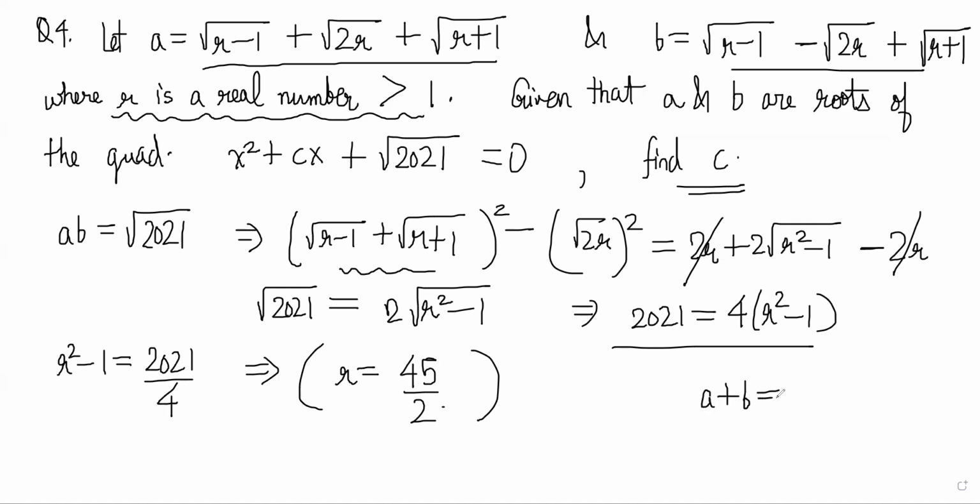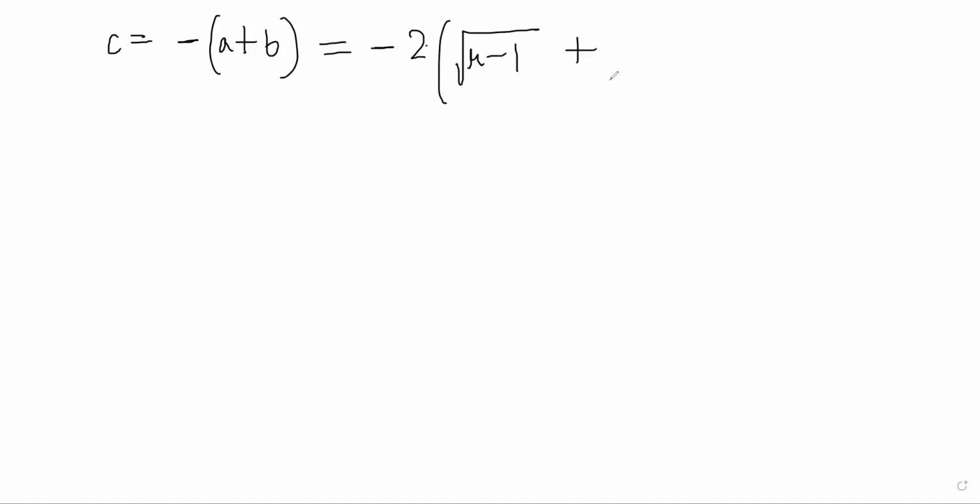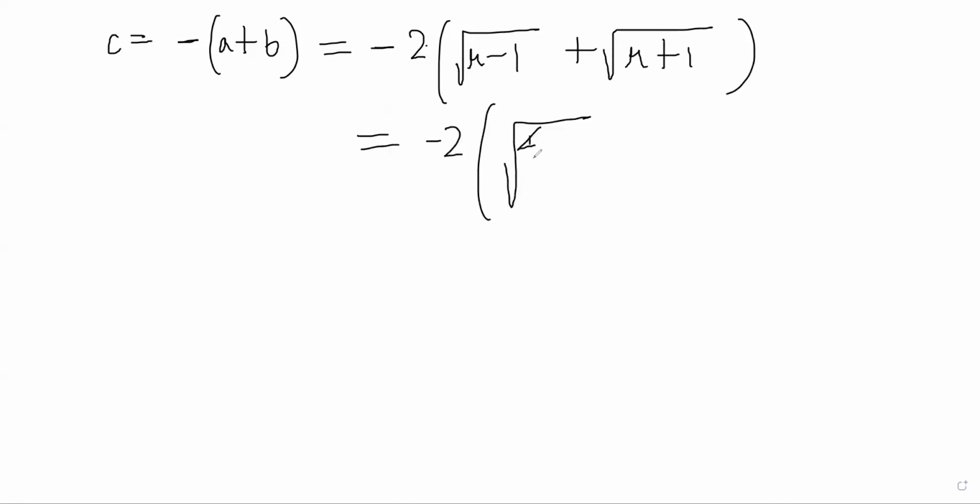A plus b, sum of the roots is equal to minus c, and here the sum of the roots, if you see here, you will cancel the root 2r term and you will get twice of, basically c is equal to negative of a plus b, and if I do it on the next screen, c is equal to negative of a plus b, and that is equal to negative of twice of, this is root of r minus 1 plus root of r plus 1, but we have already found the value of r, so that is going to be root of 45 by 2 minus 1 plus root of 45 by 2 plus 1.